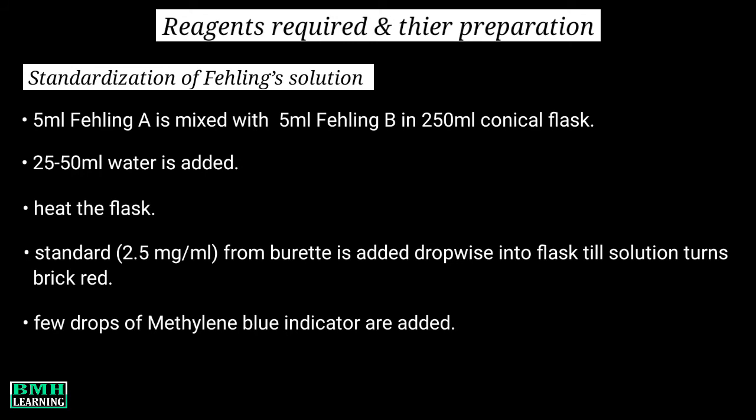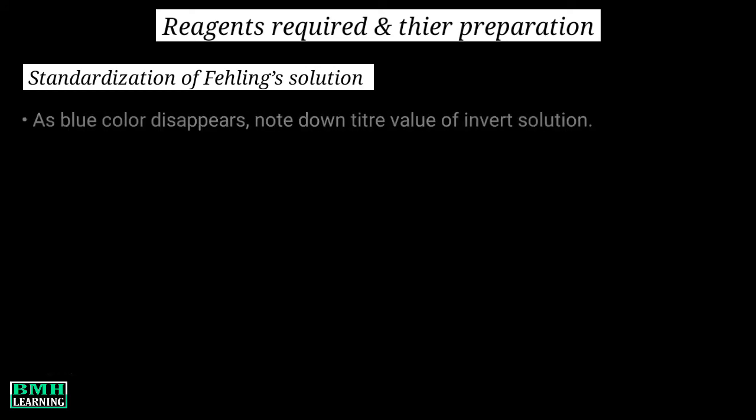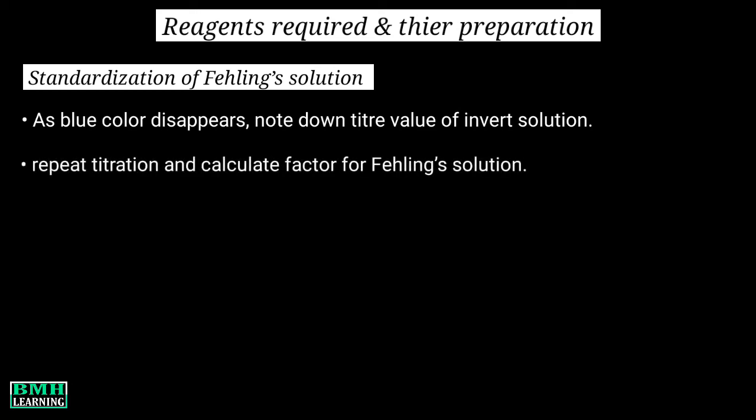Then few drops of methylene blue indicator are added. Continue adding invert solution dropwise. As soon as the blue color disappears, note down the titer value of invert solution. Repeat the titration and calculate factor for Fehling's solution.